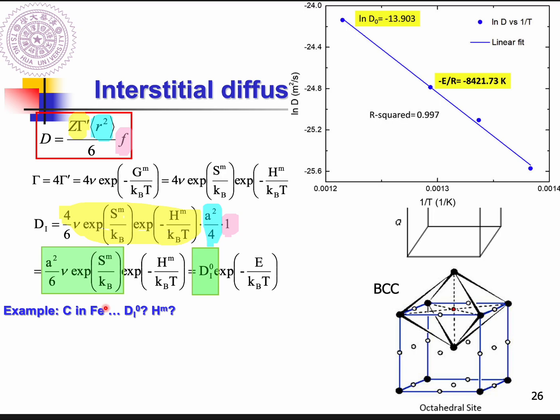So this is how we determine the D0 and migration energy, or enthalpy, of carbon atoms diffusing through iron materials.